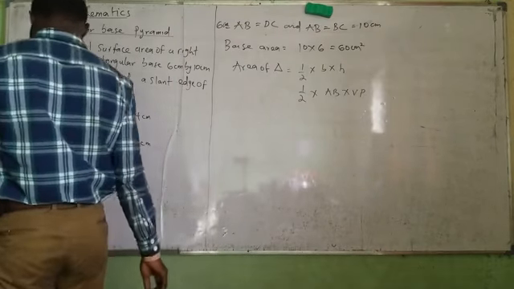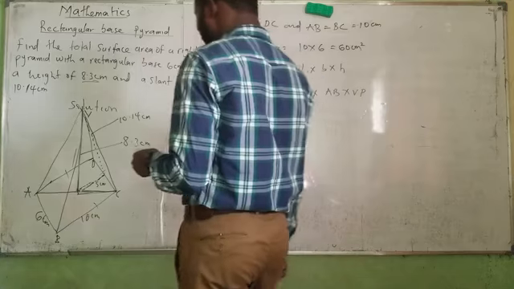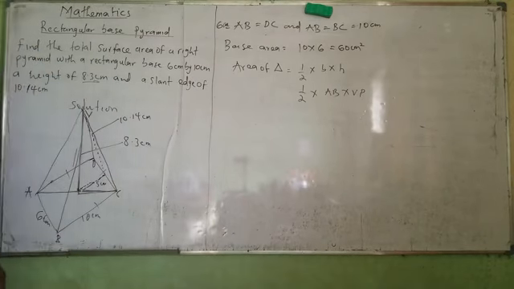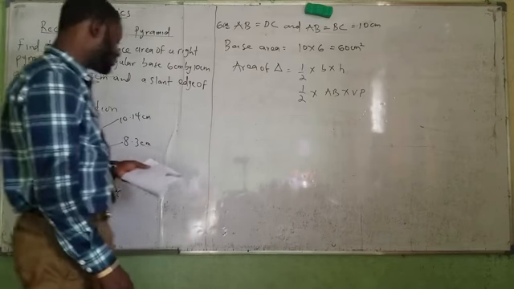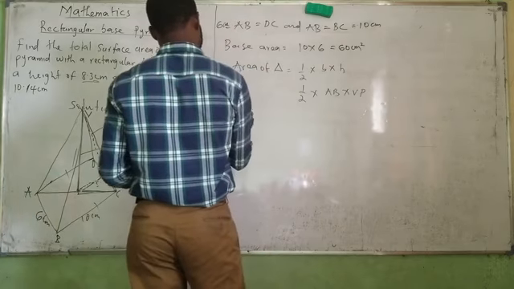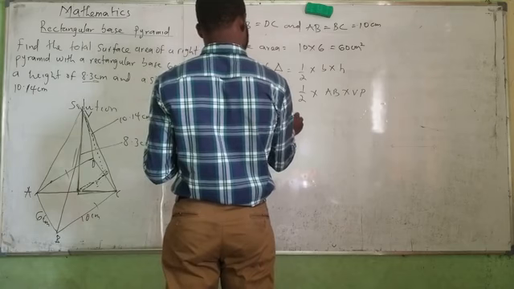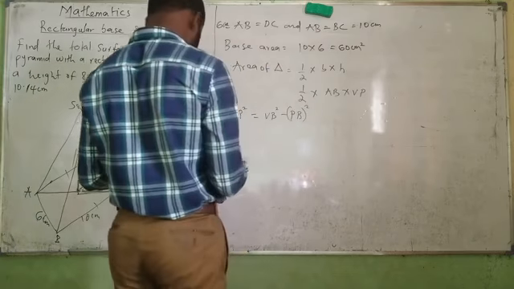The only problem I'll be having here is looking for this particular length VP. VP squared will be equal to VB squared minus BP squared, which I'll be having. I hope I'm not making a mistake.